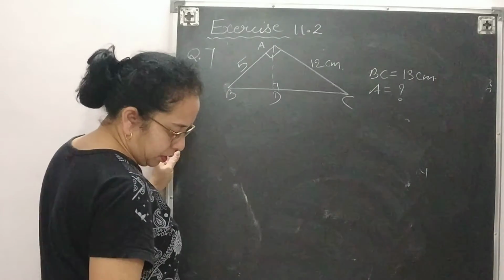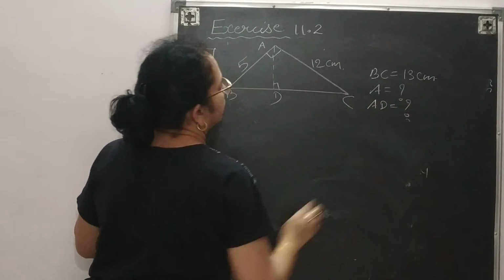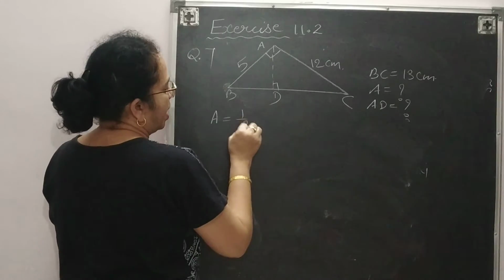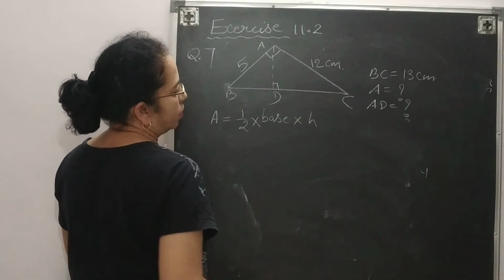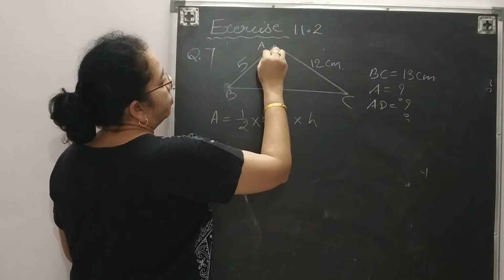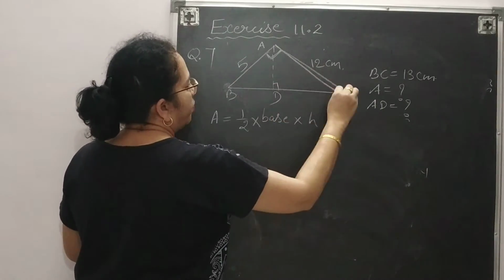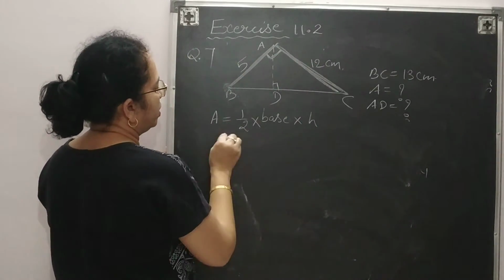And at the same time you need to find AD also. So which base and height is given? Half into base into height. If this is the height, this will become the base. So these two pieces of information are given, so we will start the question with this.